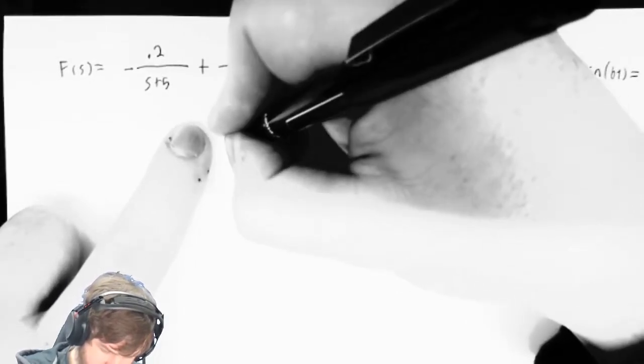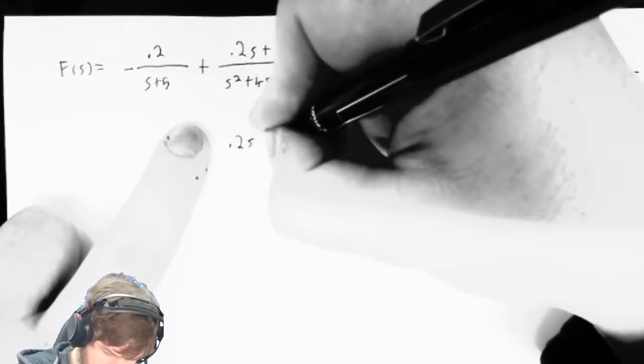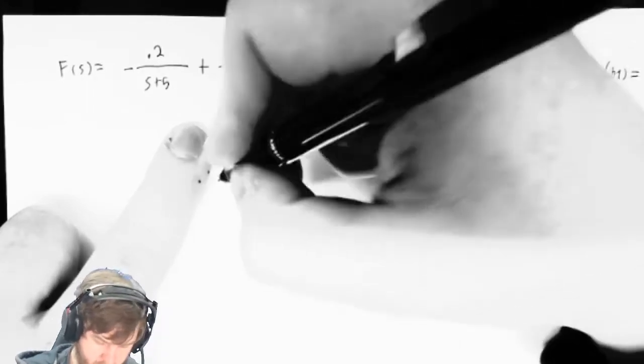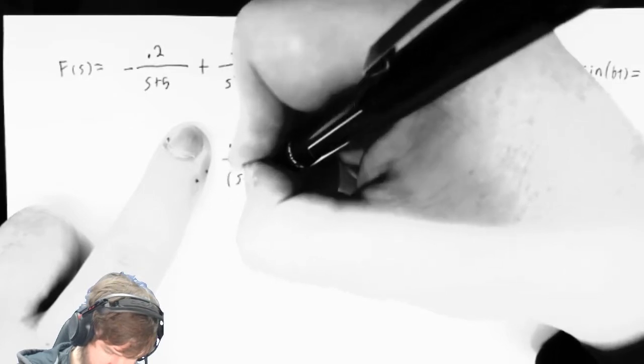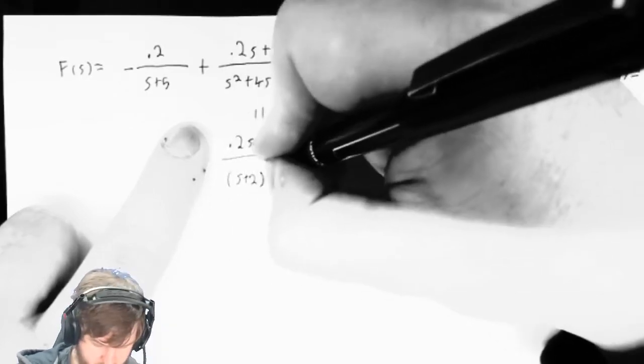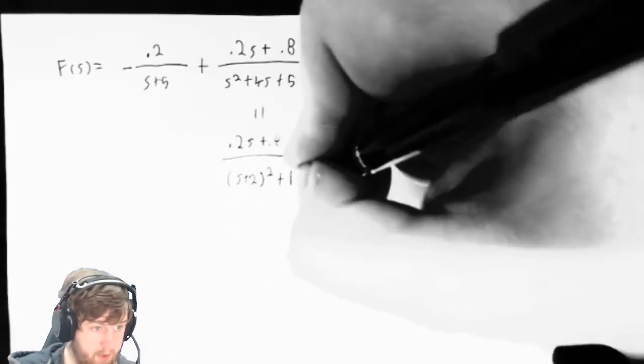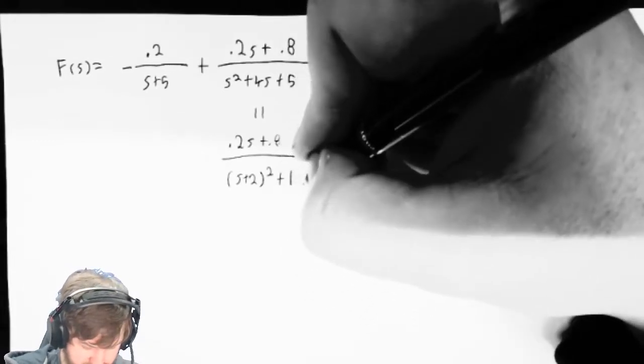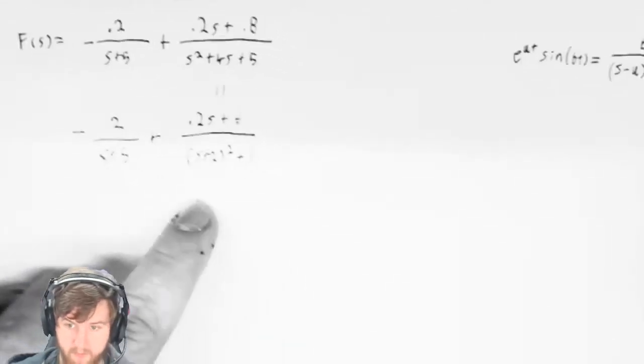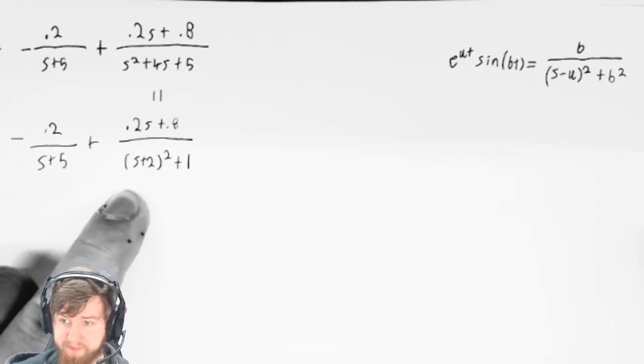So this is equal to 0.2 s plus 0.8 over s plus 2 squared plus 1. Right, see that?